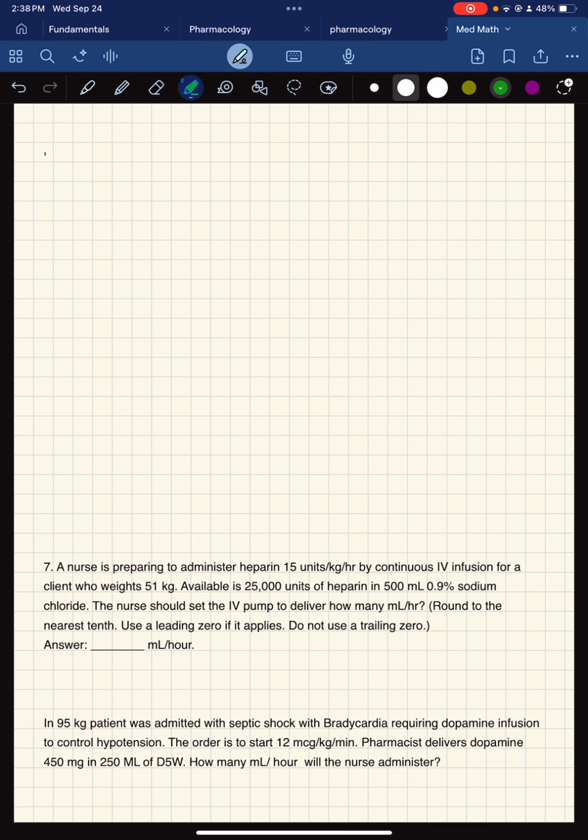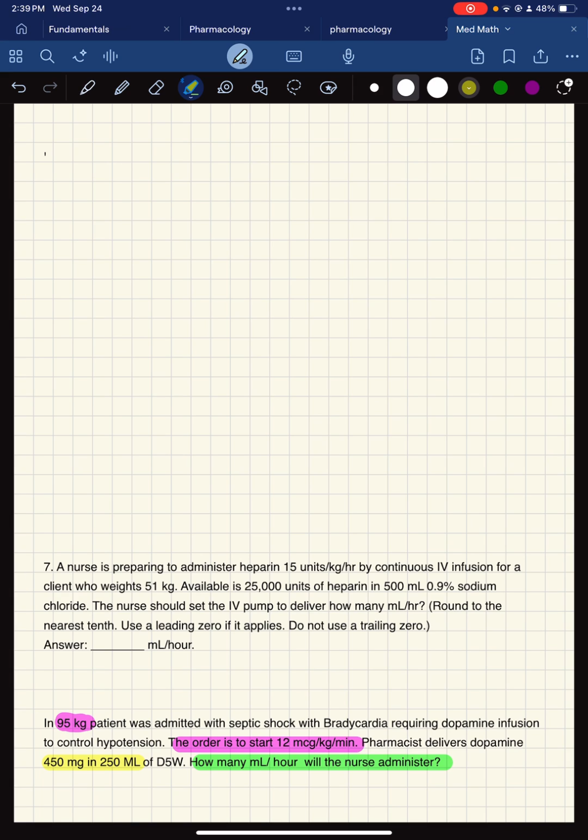All right, so first off, we can see that we need to find out how many ml per hour we are going to give. Okay, the next thing that we're going to do is see what the doctor ordered. He ordered 12 micrograms per kilogram per minute, and we're going to get the kilograms by the patient's weight, which is that. Next we're going to see what's on hand. So the pharmacy delivered the 450 milligrams and 250 mLs.